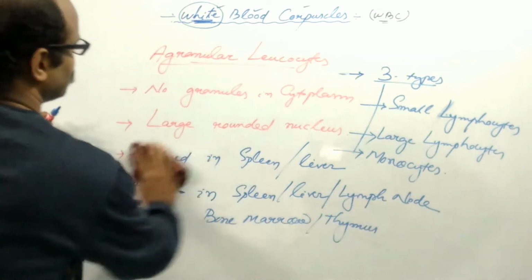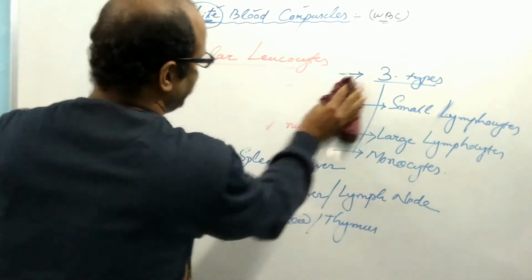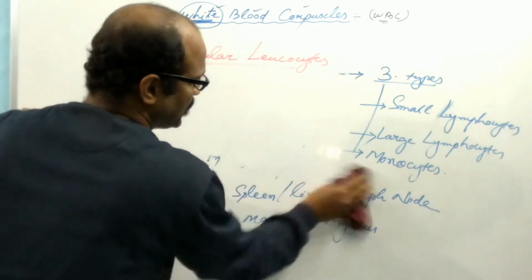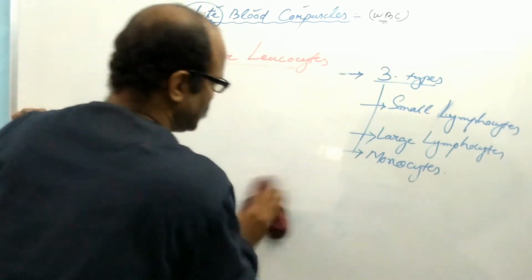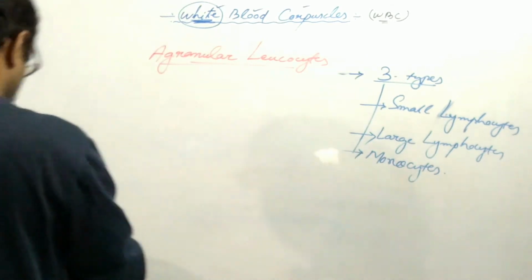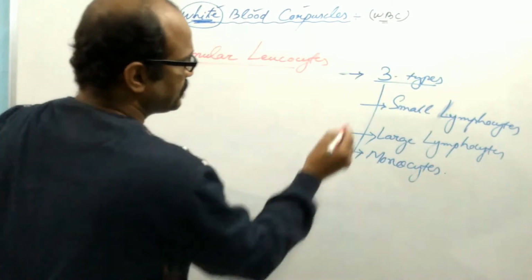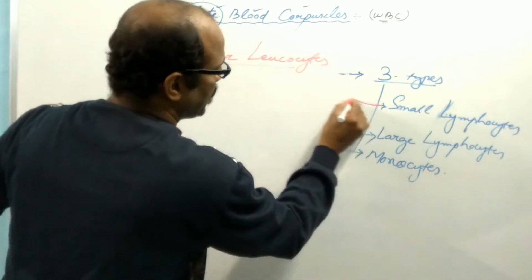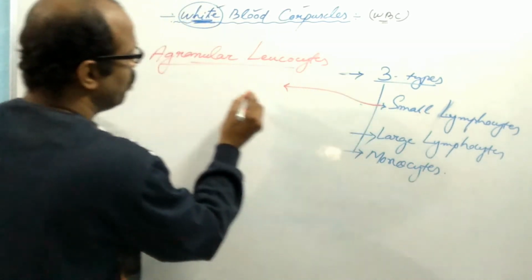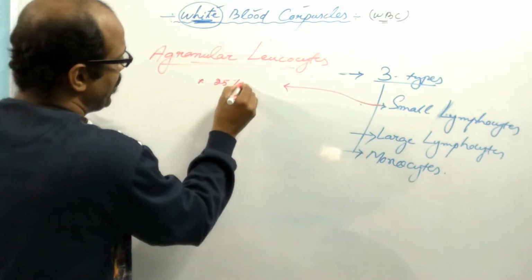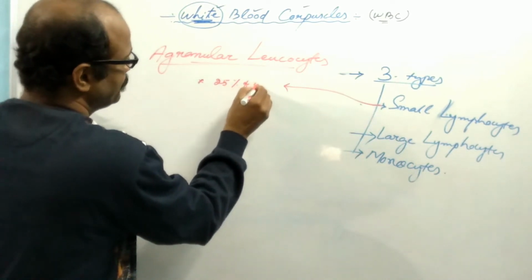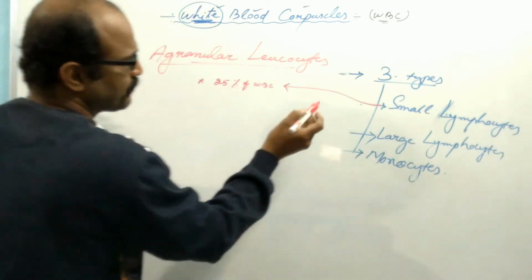The small lymphocytes constitute about 25% of WBC.